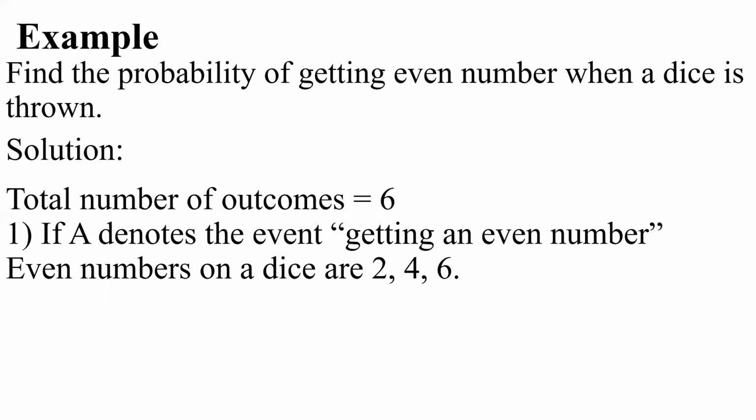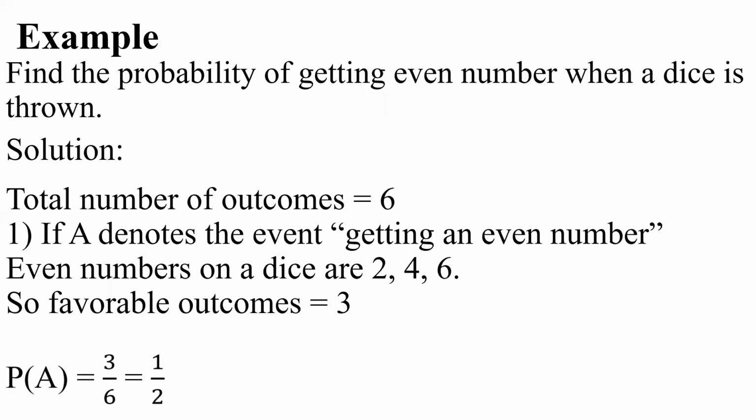So there are 3 even numbers marked on a dice. So favorable outcomes are 3 and total number of outcomes are 6. So P of A can be calculated by 3 divided by 6, which is equal to 1 upon 2.